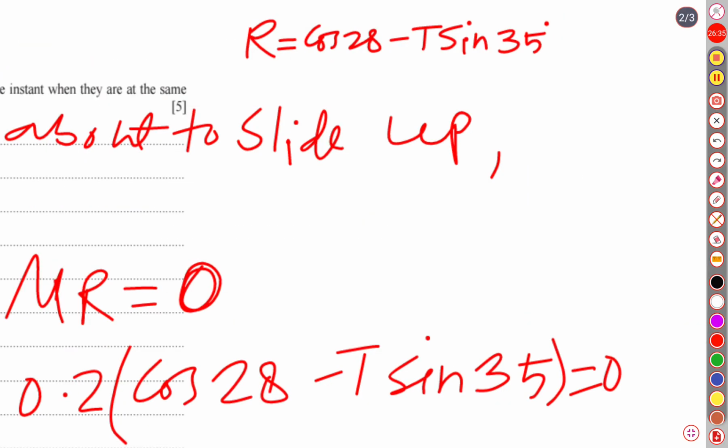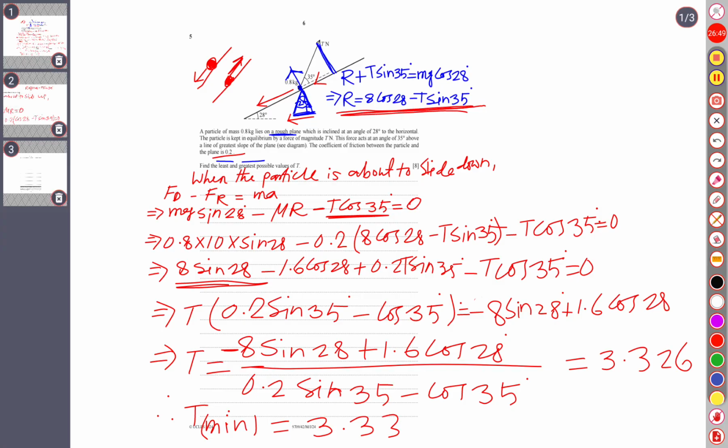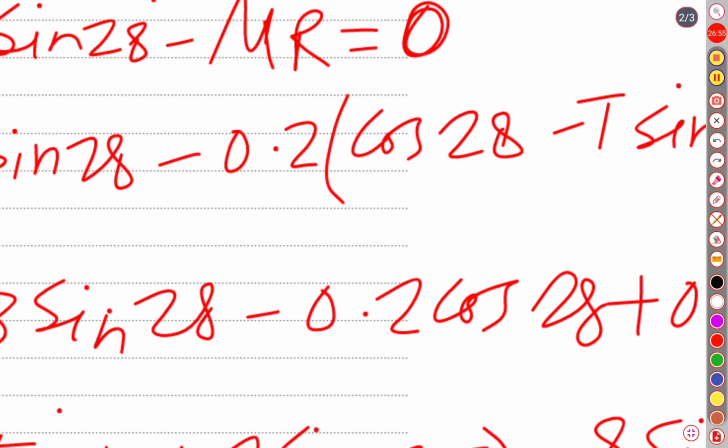Our normal reaction was 8 cos 28, not cos 28. Let me show you again. It is 8 cos 28 minus T sin 35. So wherever we have written cos 28, it is going to be 8 cos 28.